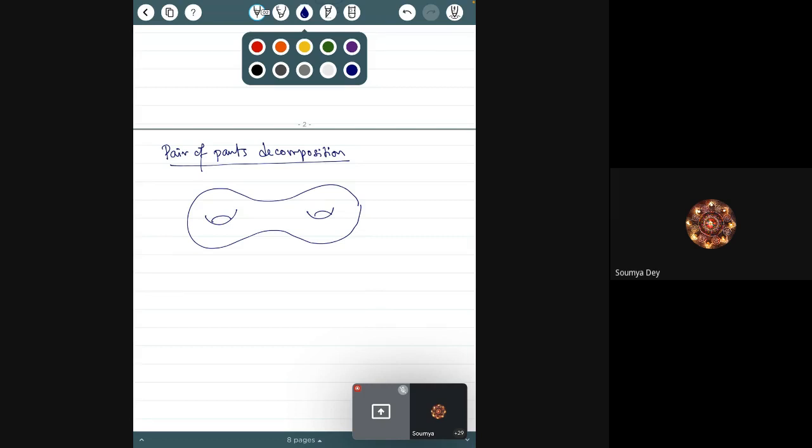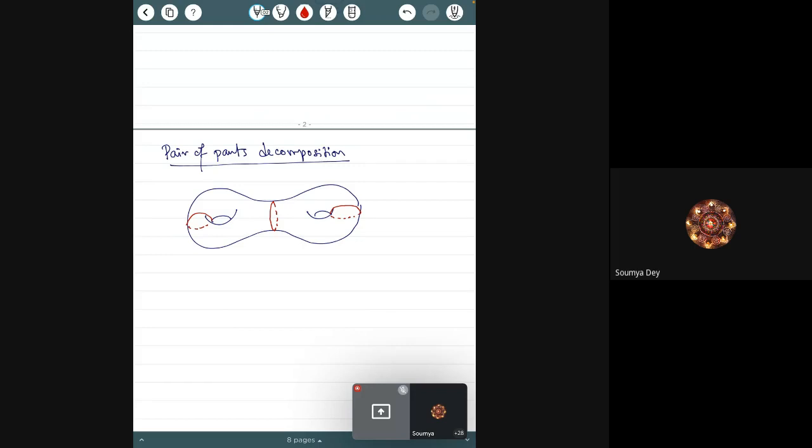For example, you can choose this curve, maybe this curve, and this curve, such that if you cut along these closed loops or closed curves, what you will get is finitely many copies of pair of pants, right? I hope you can see. So if you cut along these three red curves, you will get two pairs of pants, right?